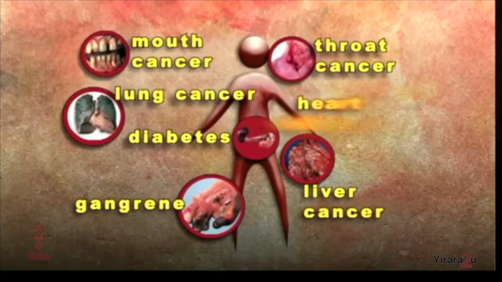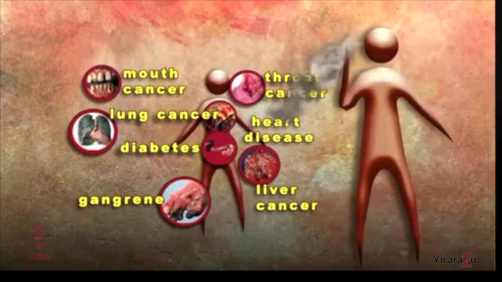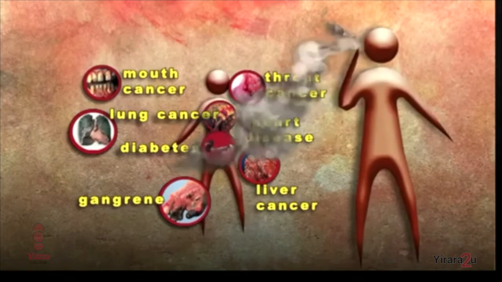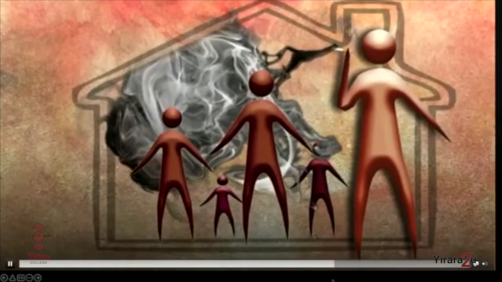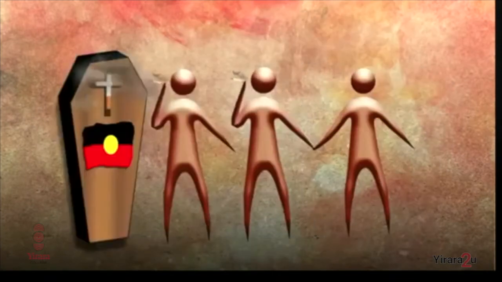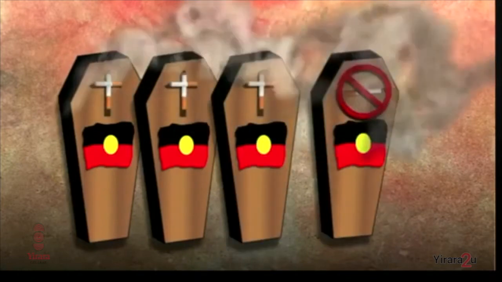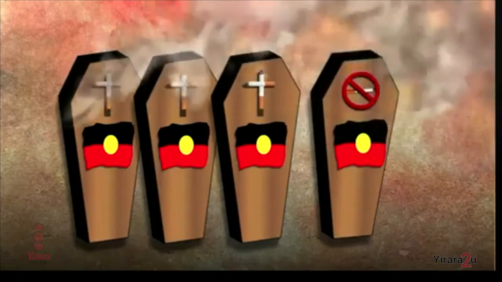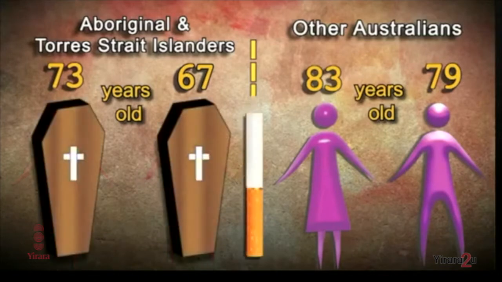The worst thing is, these things can happen to people who don't even smoke. People get sick just from being around smokers. This is called passive smoking. 1 in every 4 people who die from cigarette smoke don't even smoke. Aboriginal and Torres Strait Islanders die earlier than non-Indigenous Australians. They also smoke twice as much.